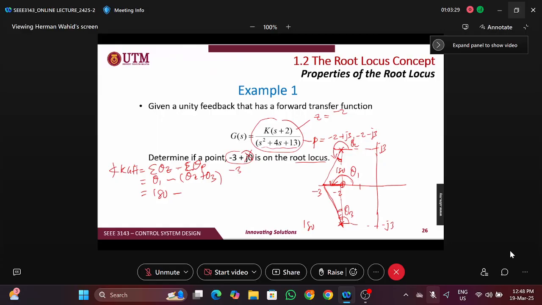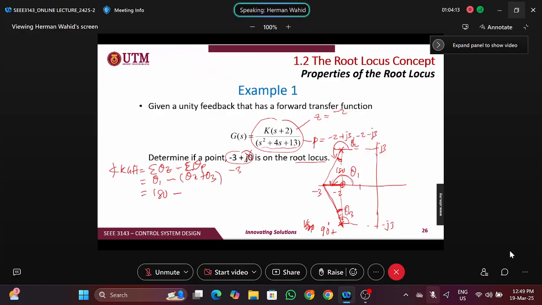Sorry, not this angle. So it's not 180 degrees, probably 90 degrees plus this angle. So you got the full theta 3. Okay. But actually, you do not need to do it like that because as you can see here, the testing point makes the symmetrical line between the upper part and the bottom part here. Okay, so in that case, actually this angle is conjugate with this angle.